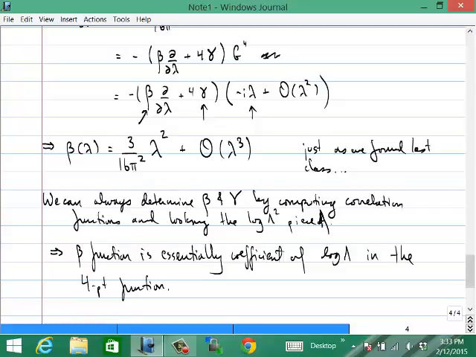In general, however, you may not be lucky. We were lucky when talking about phi 4 theory that the anomalous dimension vanished at leading order, so that it didn't enter into this computation of the beta function. But in general, and this is something that will happen on the problem set that I just handed out, you're going to need to take into account the anomalous dimension, which is fixed by a 2-point function.